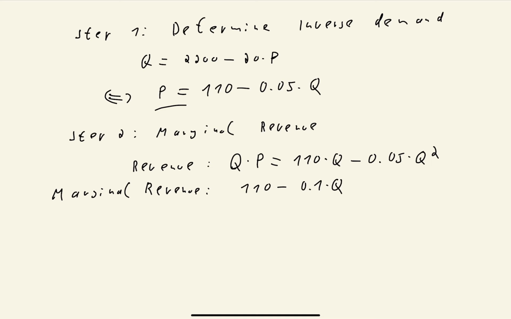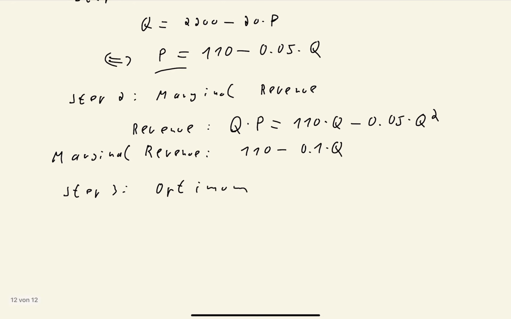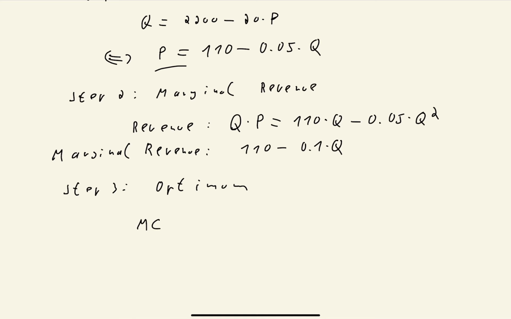Now we've got everything we need in order to calculate the optimal quantity which will be produced by Mega Cola, because in step 3 we now determine the optimum by setting the marginal costs equal to the marginal revenue.